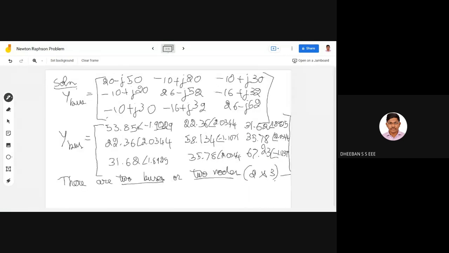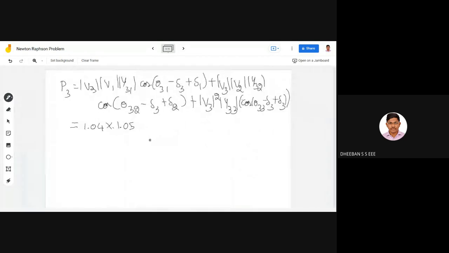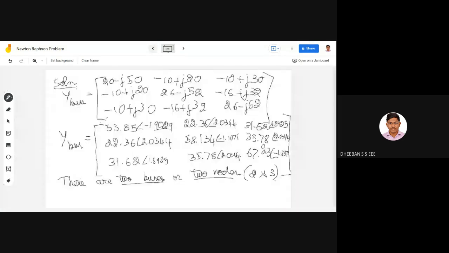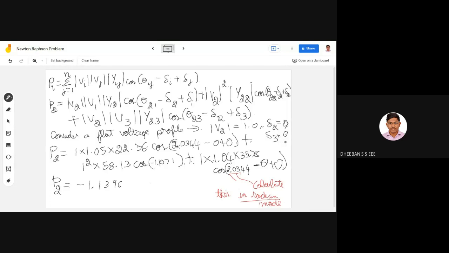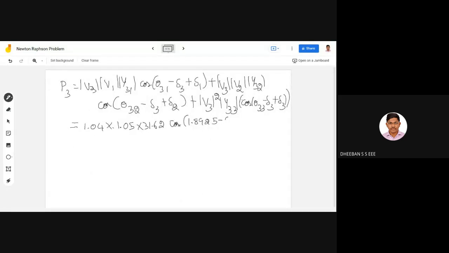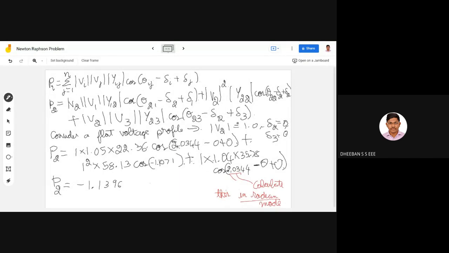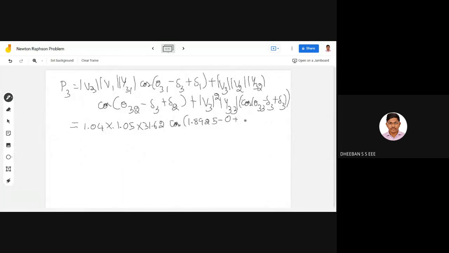So Y31 is this value, 31.62, into cos of theta 31, 1.8925, and over here for del 3 it is 0, plus your del 1 value will also be 0. Okay, plus your V3, it is 1.04 into V2.